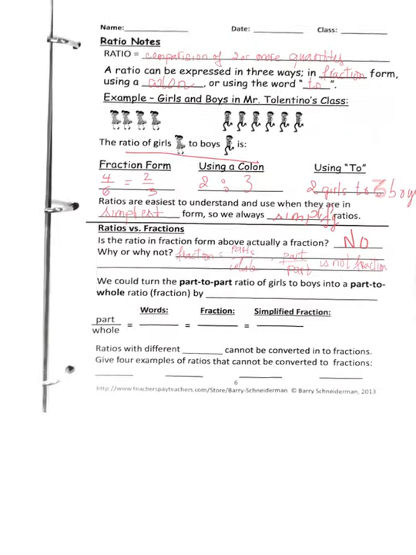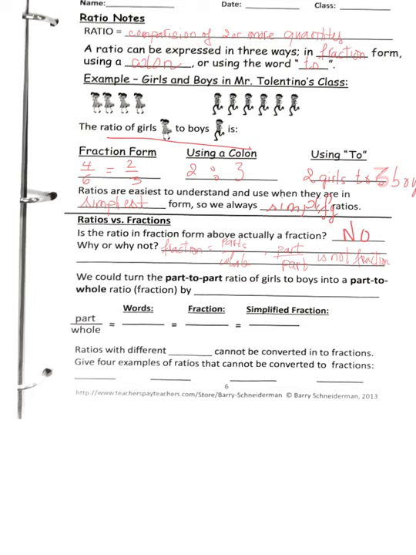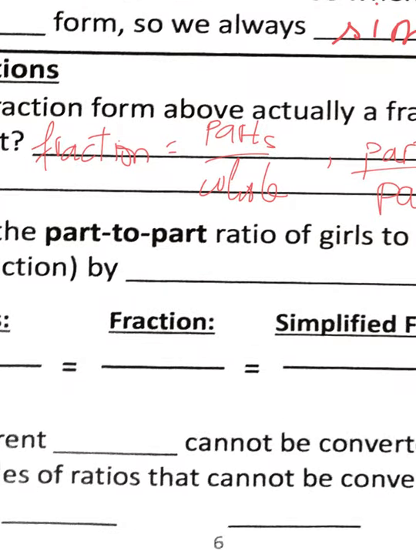So we could turn a part to part ratio, girls to boys, into a part to whole ratio fraction by putting the whole class as the denominator. So what did we do earlier? If you see the whole class, we put the whole class as the denominator.